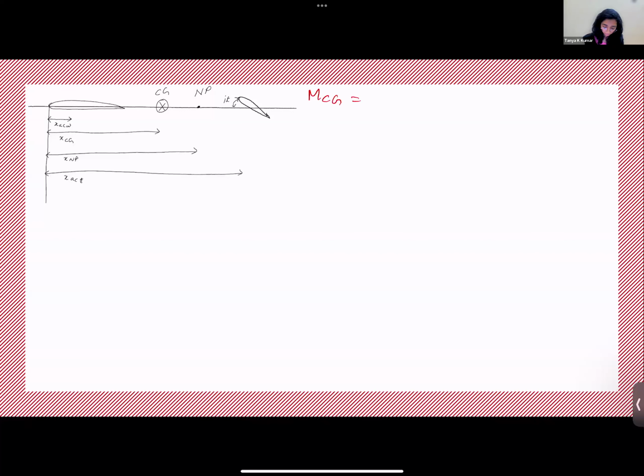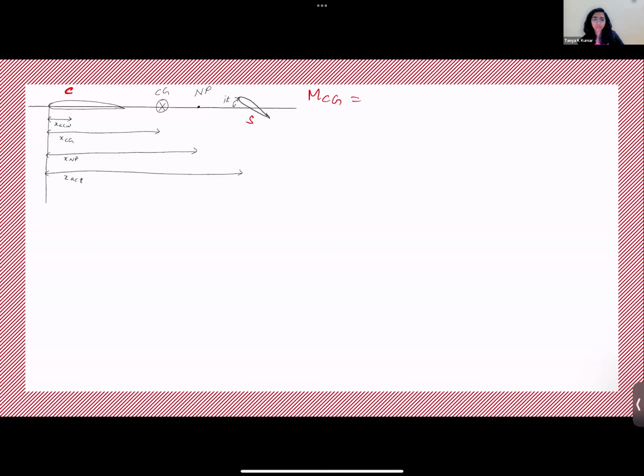Just take the wing to be a cambered airfoil and the tail to be a symmetric airfoil, okay? So now tell me, what is the moment at CG? Several terms will contribute towards the moment at CG, right?